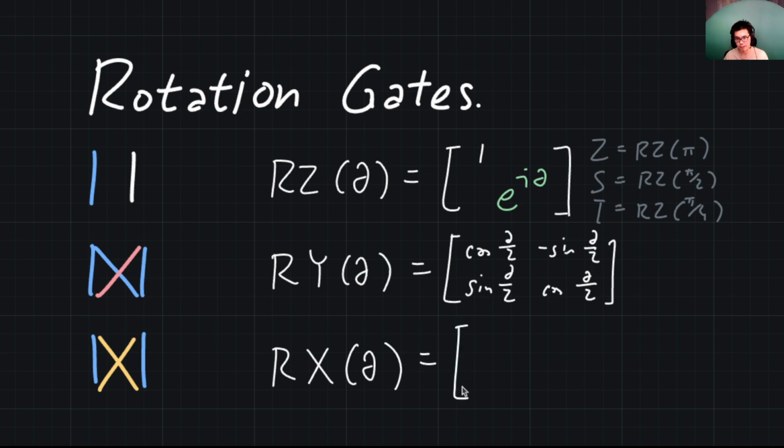So it's going to be cosine theta halved on the diagonal. And then on the antidiagonal it is just going to be minus i sine theta halved, minus i sine theta halved.